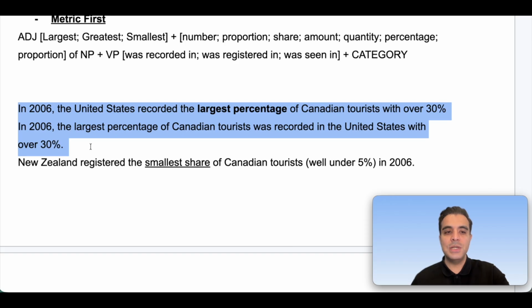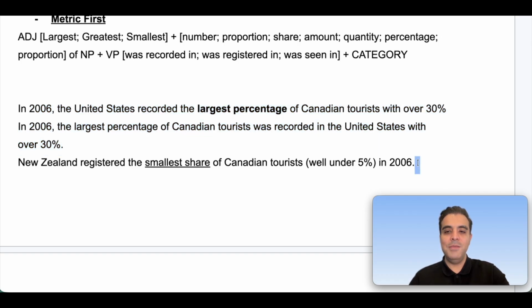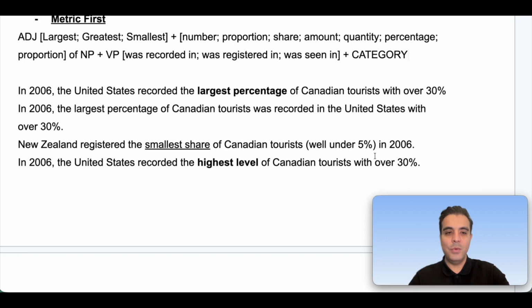So in the first instance, we have in 2006, the United States recorded the largest percentage of Canadian tourists with over 30%. In the second instance, we have in 2006, the largest percentage of Canadian tourists was recorded in the United States with over 30%. Let's do the same thing. This time, for this second sentence that we have here.